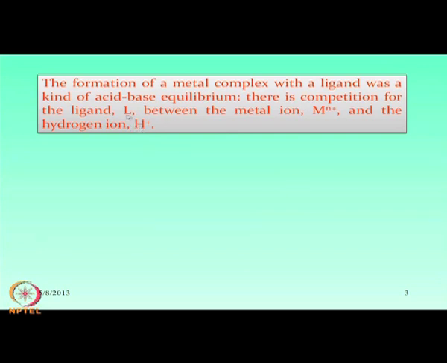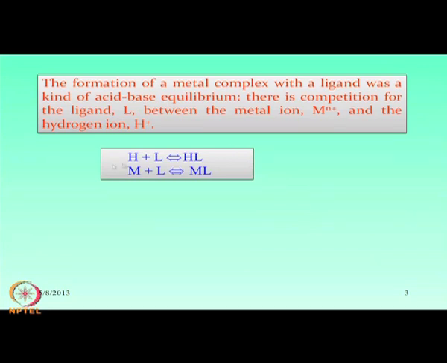So, if the ligand is a lone pair donor or a base or typical anionic species, then the ligand can have some affinity to bind the metal ion, as well as an affinity for the H+ ion.